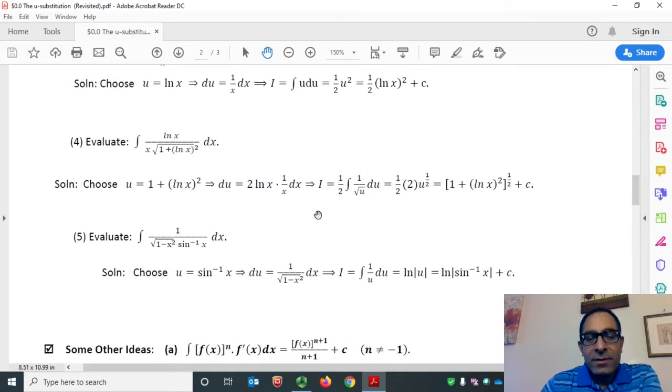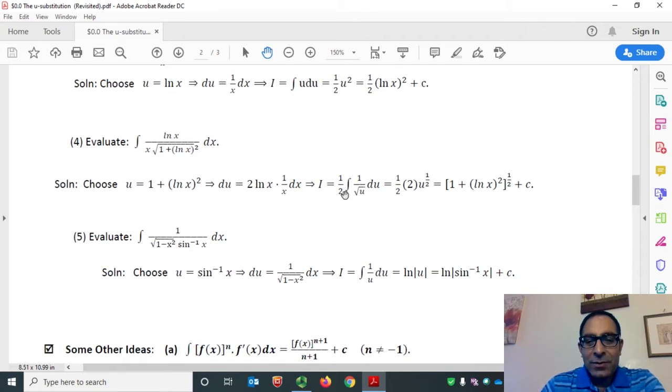Then in the next step, rewrite the given integral in terms of u. So I, the given integral, equals, first let's take care of this radical term, so 1 over radical u, and then ln x over x times dx turns out to be du over 2. I pull 1/2 outside. I hope this makes sense to you all. Great. So now let's move on.